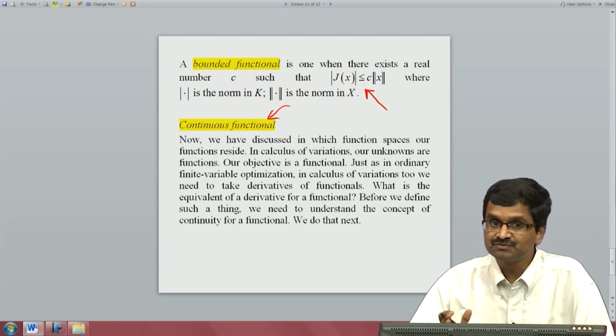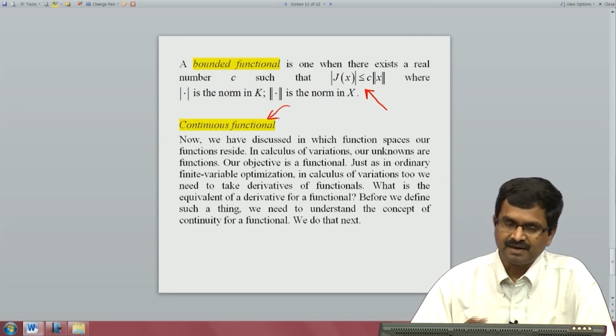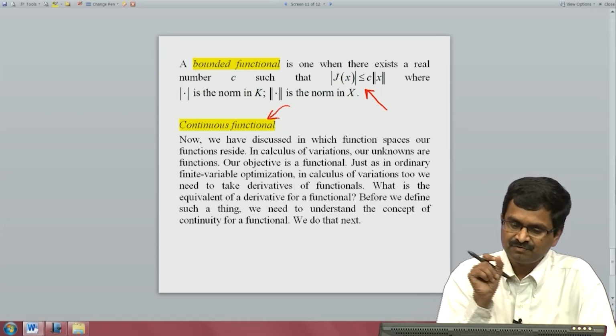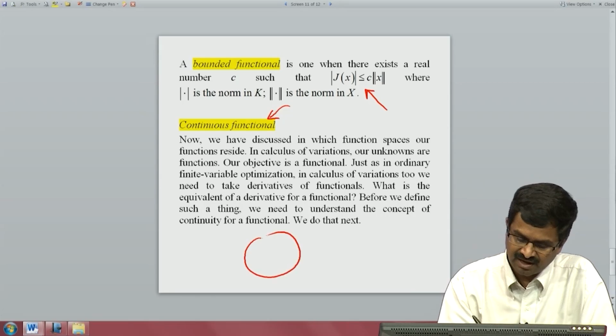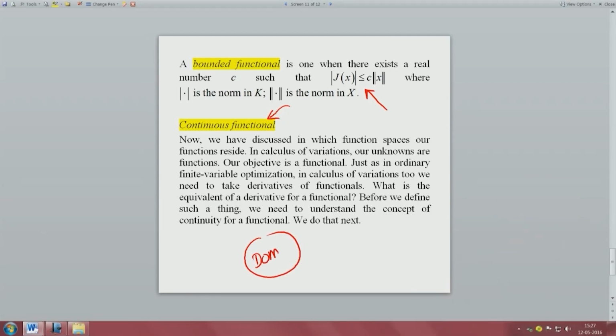We know what continuous functions are, right? Every function has what we call a domain and a range, this is the input, that is the output. If I have some point here, there is a corresponding point there.